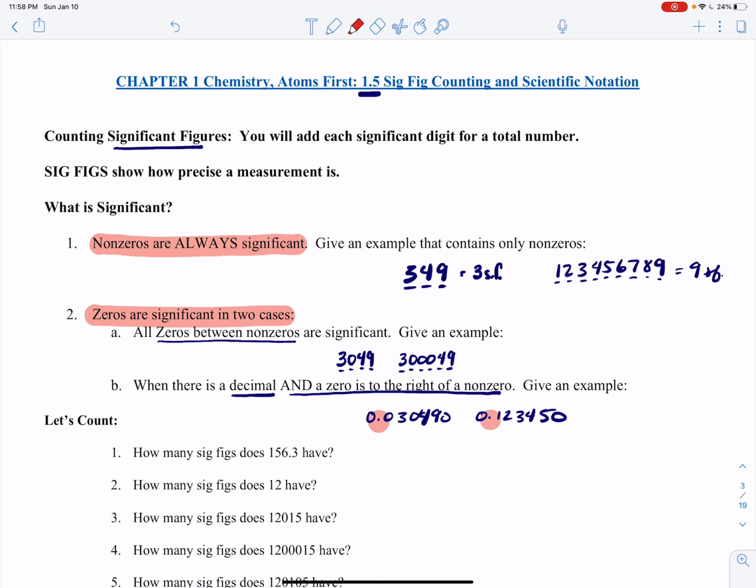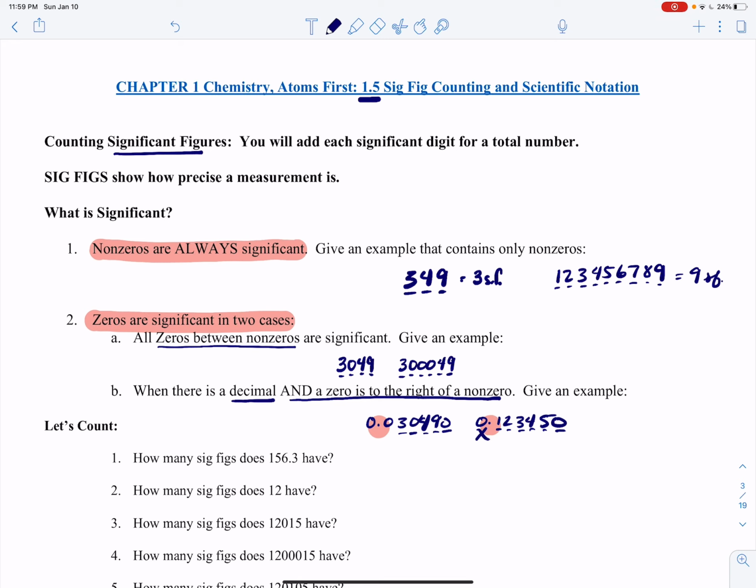Has to be a decimal. If there's a decimal, then the only zeros that count, of course, are the ones in the middle. We already talked about that. And then the ones that are on the right. So this counts and this counts. So it has to be on the right. And then this counts and this counts. This 0 does not count, this 0 does not count, and this 0 does not count.